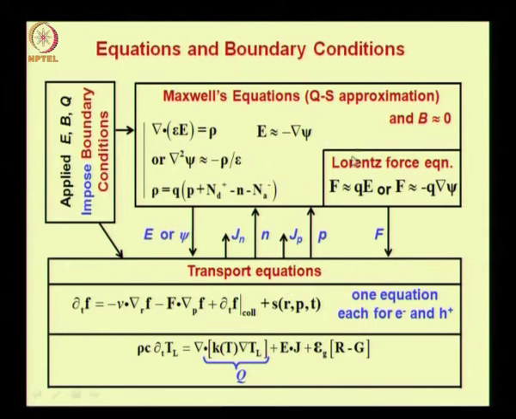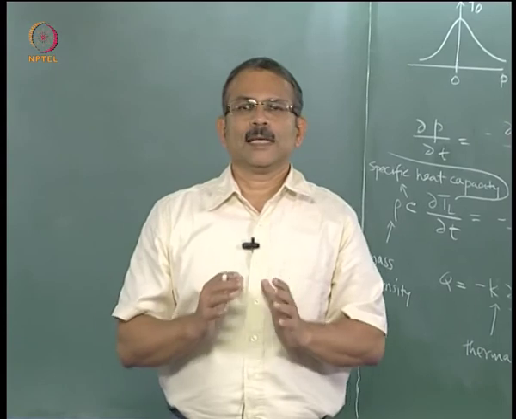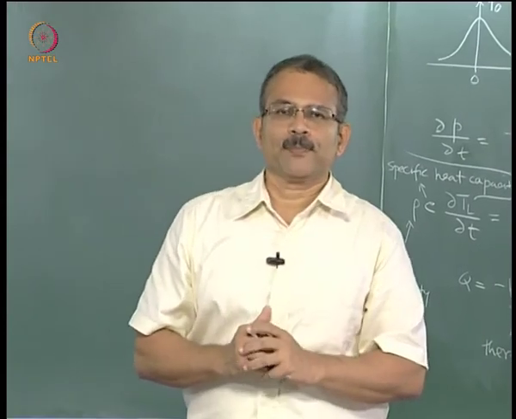From the electromagnetic field equations you get the solution for the electric field or potential, and from there you can get the force on an electron. This information is fed into the transport equations, which give as output the current density of electrons, the carrier concentration of electrons, the current density of holes and carrier concentration of holes.